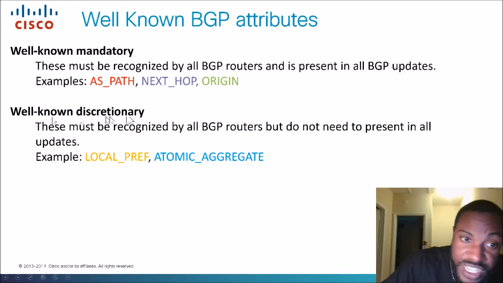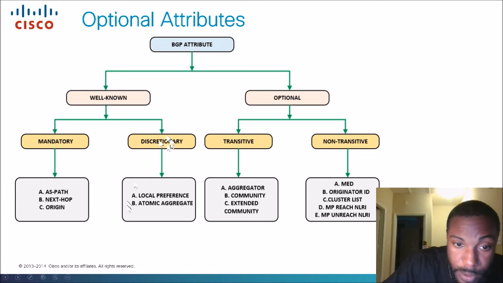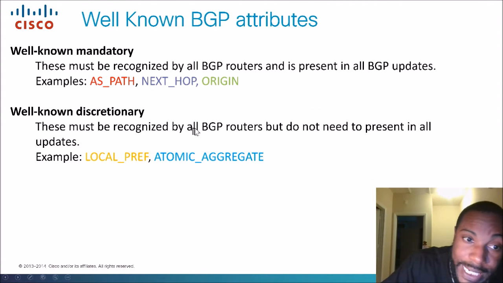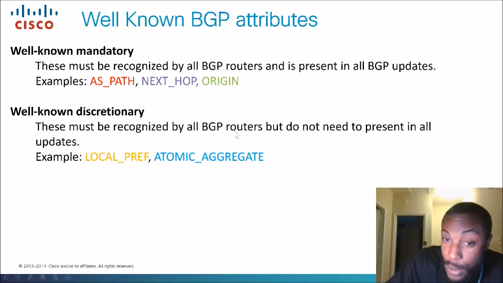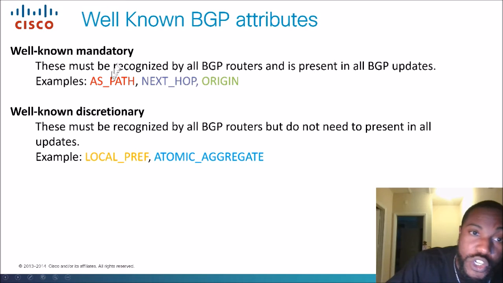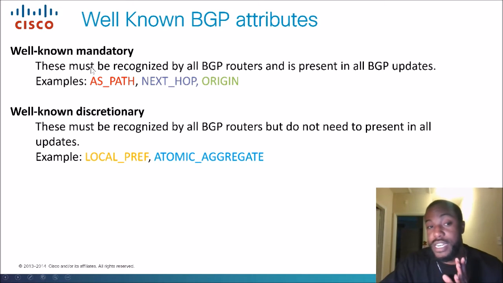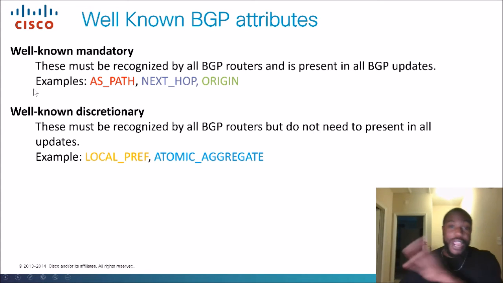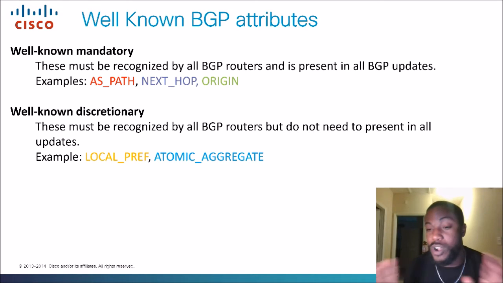Now, the well-known discretionary ones, these guys right here, local pref and atomic aggregate, must be recognized by all BGP routers, but they don't have to be present in all updates. When we say mandatory, that means they must be present in all updates. When we say discretionary, they don't have to be in all the updates. When we say well-known, they are recognized by all BGP routers. I don't care what vendor you have.